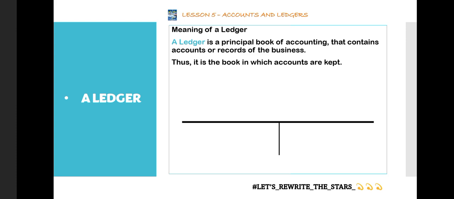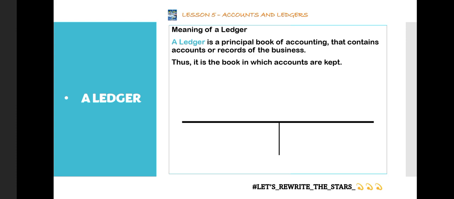So, the accounts we studied earlier in the first session, after we identify the accounts in the transactions, where we do the final recording or where we keep those accounts is what we term as a ledger.